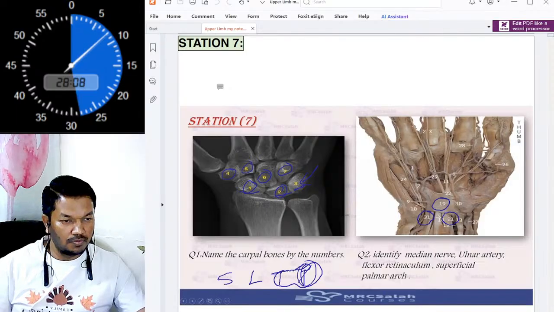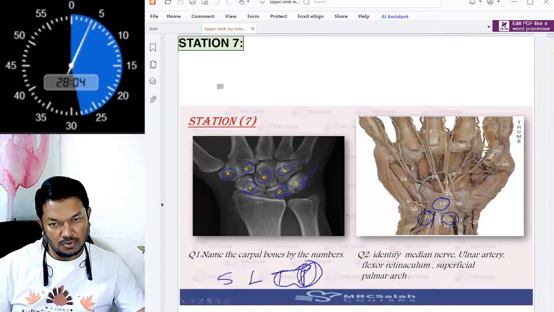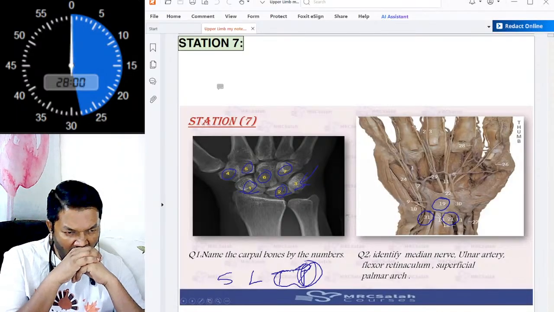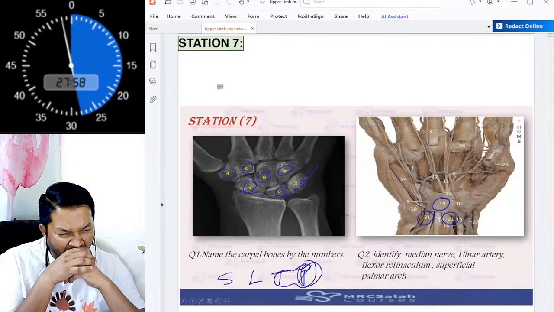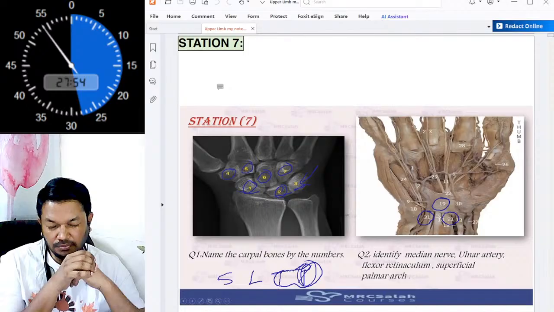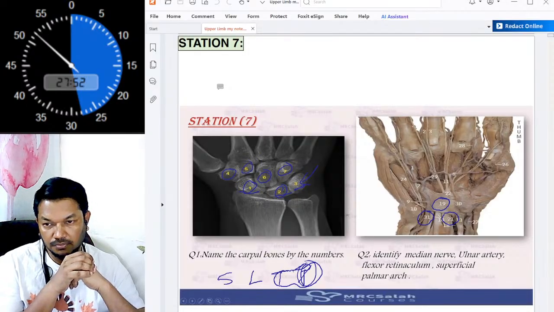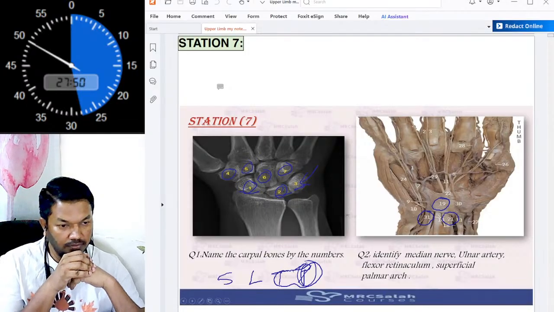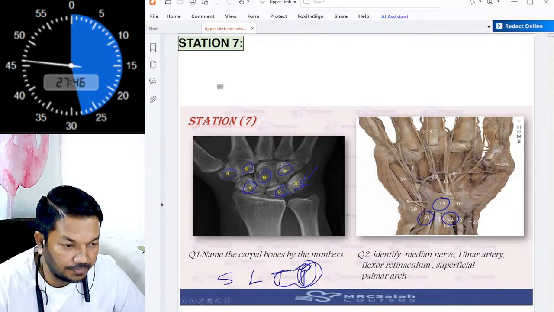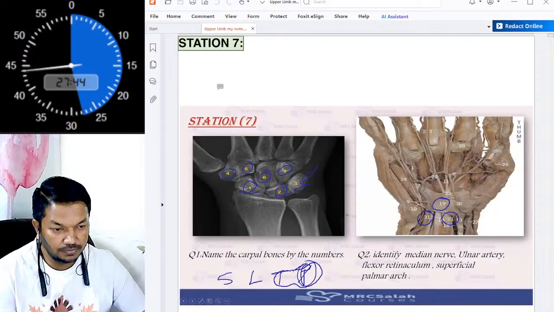So carpal bone number 1 is the scaphoid, then number 2 is the lunate, and number 3 is the triquetrum, overlain by the pisiform. Number 4 is the trapezium, number 5 is the trapezoid, number 6 is the capitate, and number 7 is the hamate.